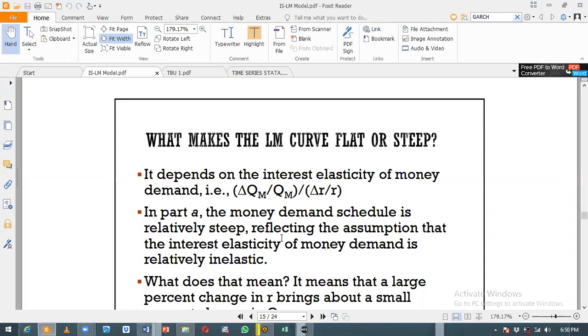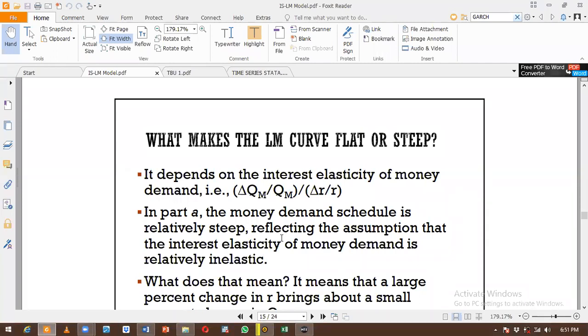For a very small percentage increase in demand for money, you just need to decrease the interest rate by a very small margin. Assuming the interest rate changes by 20%, money demand may change by say 50%, because it is very responsive to changes in the interest rate.